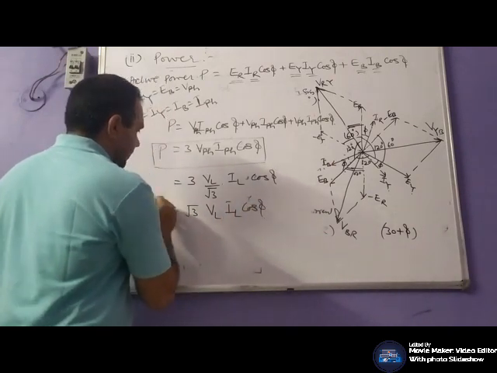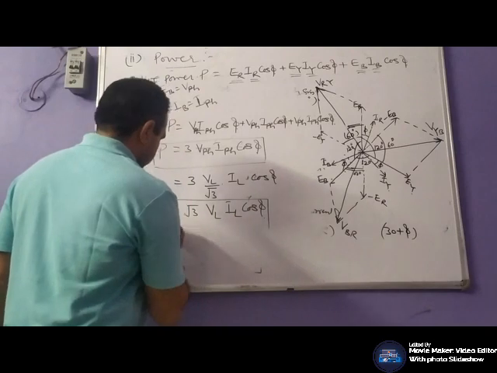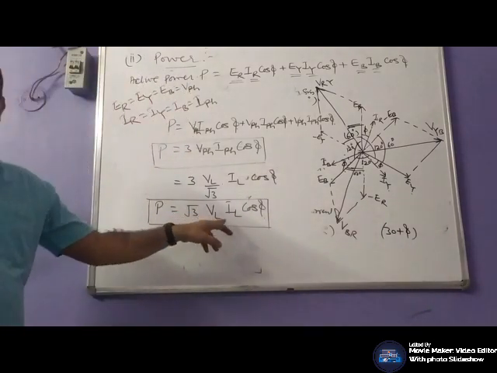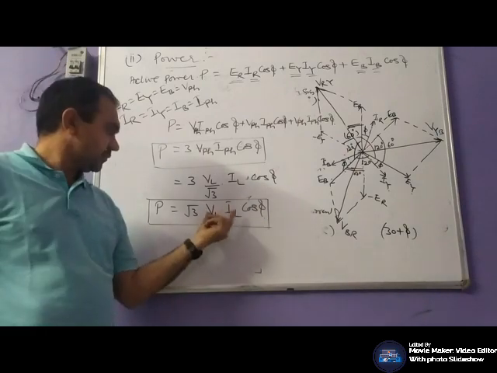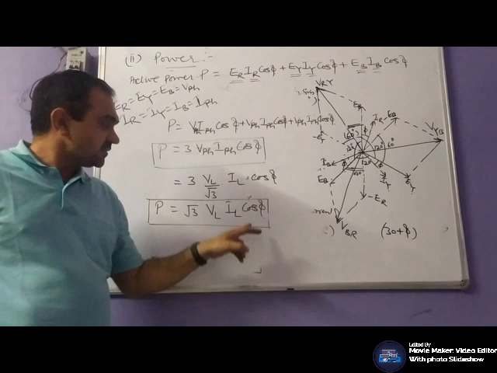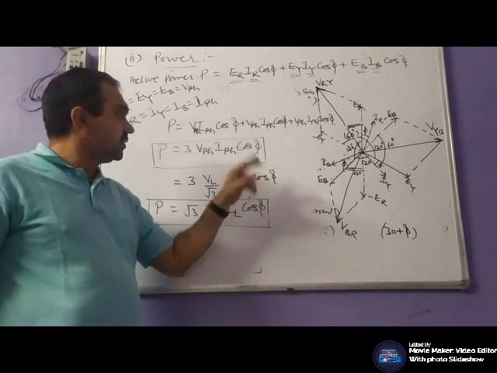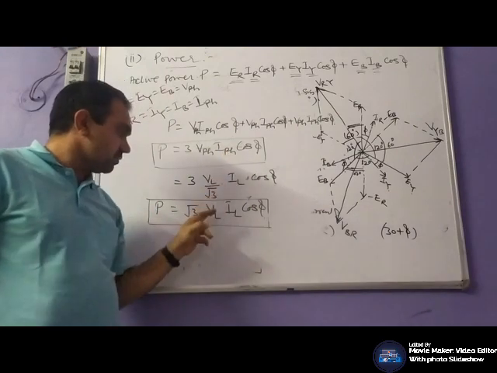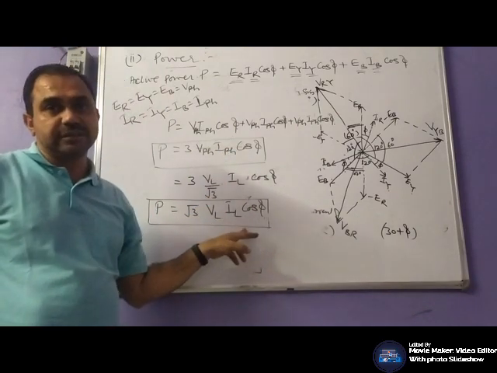So in a 3-phase system, power is root 3 VL IL cos of phi. One thing is important. What is this phi? This phi is the angle between phase voltage and phase current, not line voltage and line current.